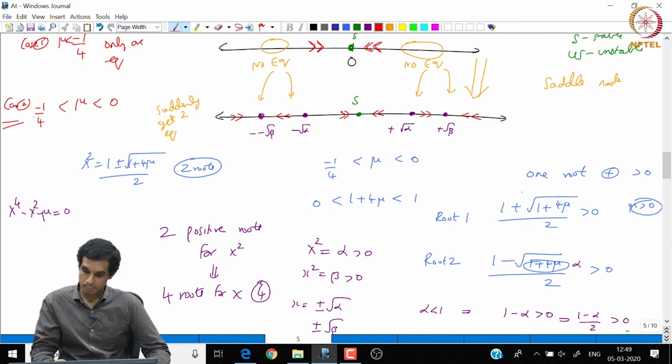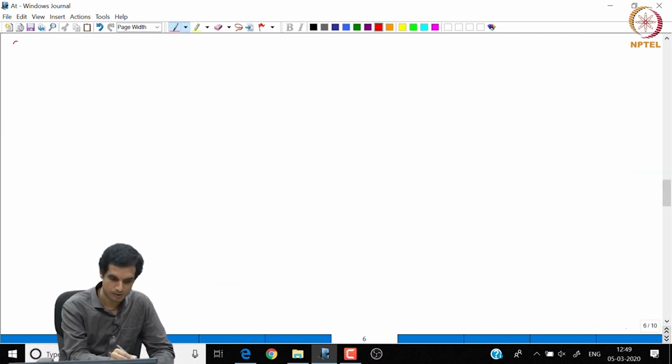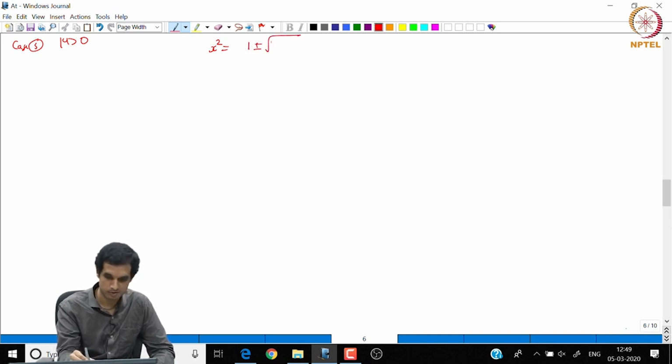Now, what happens in the next case when mu is positive? So, now we will look at case 3. Mu positive, again we have x square is 1 plus or minus root of 1 plus 4 mu by 2.